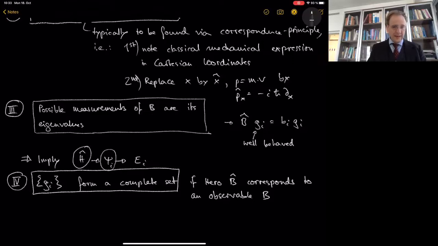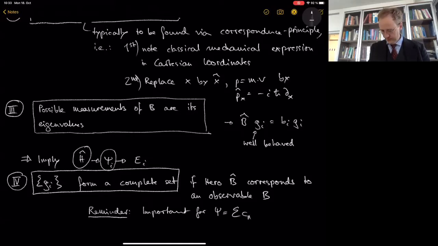There are operators that do not have a complete set, but then these operators don't have an observable, okay? This is a reminder, important to do the projection trick, so to do the series expansion and then the projection. So our coefficients are c_n, the projection onto psi n.